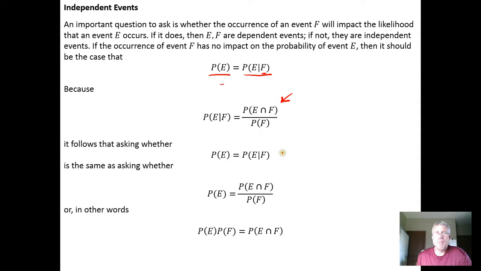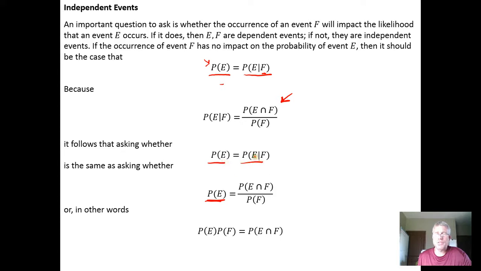So demonstrating that the probability of E is equal to the probability of E given F is the same as demonstrating that the probability of E is equal to the probability of E intersect F divided by the probability of F.